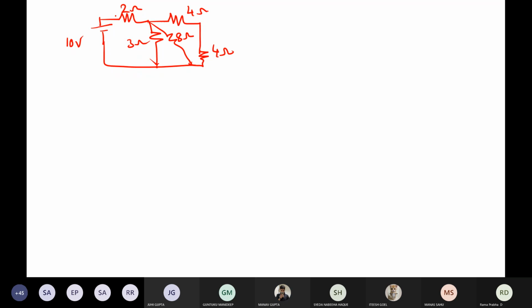Like this, some circuit is given, with 10 volt and resistors in ohms. Note down this circuit, all of you. This is not a topic name, it's only a reduction of resistors. I just want you to reduce the resistance and get the total current. That's a generalized thing.